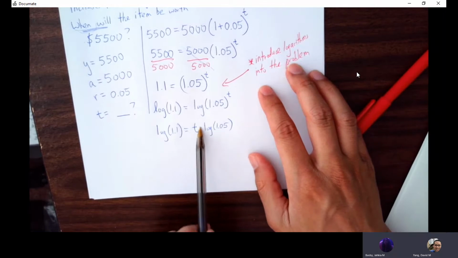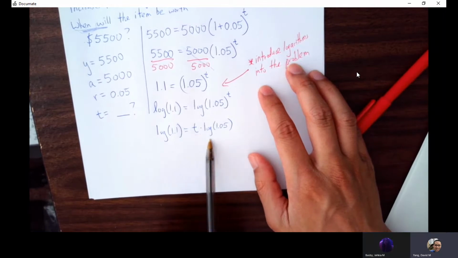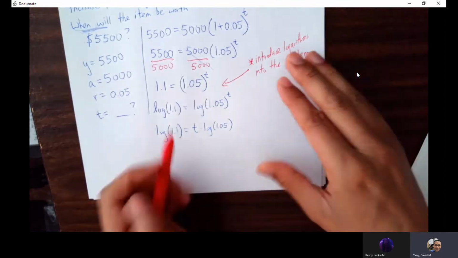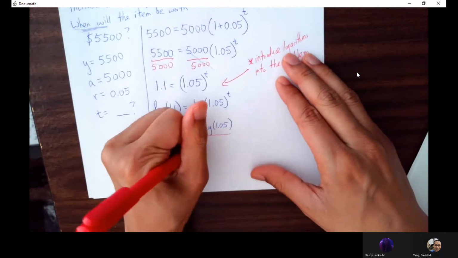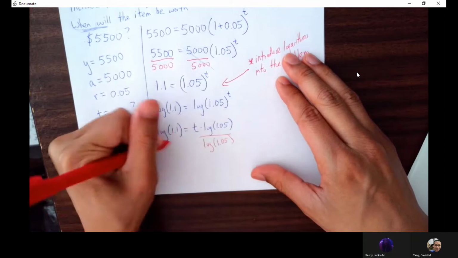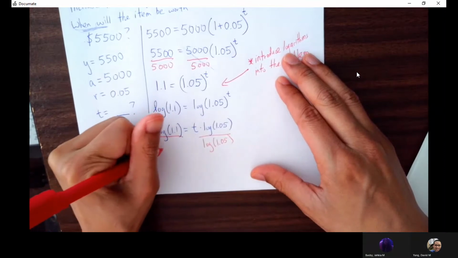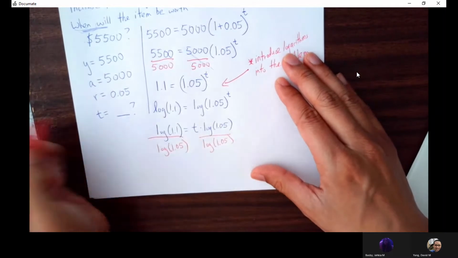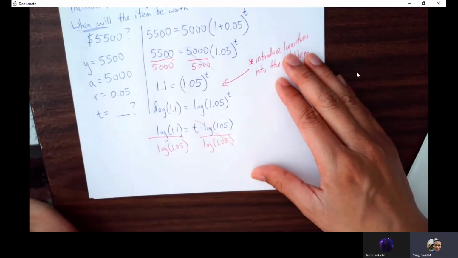So now we're going to simply divide by log 1.05 on the other side, and we can get that t by itself. You see how this goes away here?